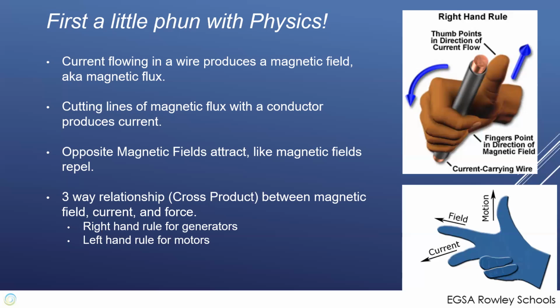If you move a conductor through a magnetic field, you'll produce a current flow. Your motion is your thumb, the field flow, the B lines or magnetic flux lines, is your index finger, and of course the middle finger then becomes the current flow. And the opposite is a left-hand rule for motors, with the same basic field, motion and current principle, but on motors it's the left-hand rule instead of the right-hand rule.